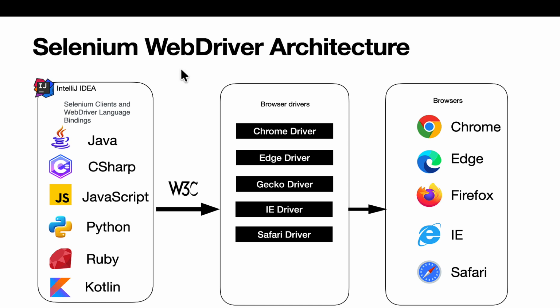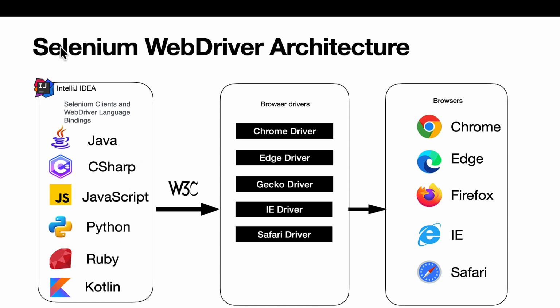If you see in this diagram, first, what is Selenium WebDriver actually? These are predefined packages which are available in different languages. There are Java, C#, JavaScript, Python, Ruby and Kotlin bindings available for Selenium WebDriver.